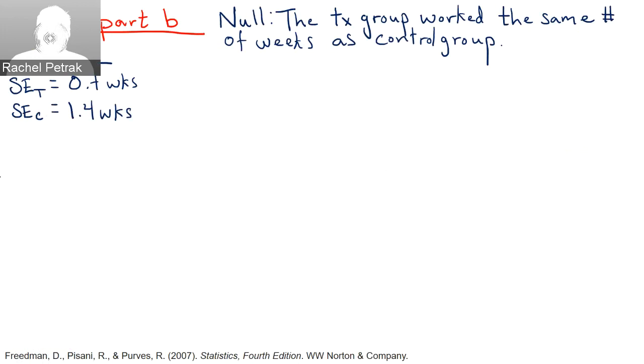And if you get the difference from the scenario, you can see that the observed difference is 1.6 weeks.